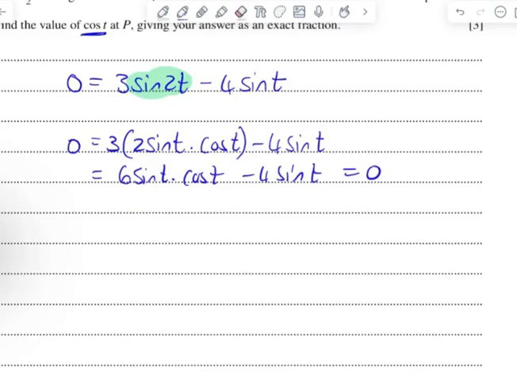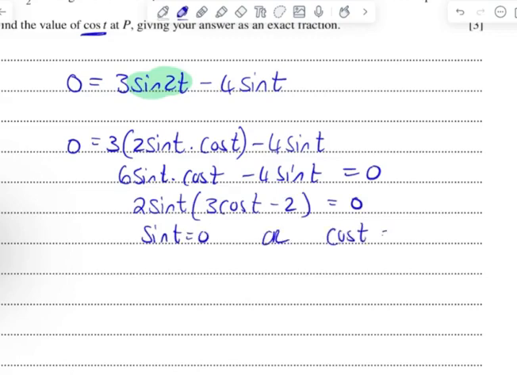I prefer it. Okay, so how do we solve this? I can take out, looks like I can take out a 2 sine t, and I'll be left with 3 cos t minus 2. So sine t must be equal to 0, or cos t is equal to 2 over 3.